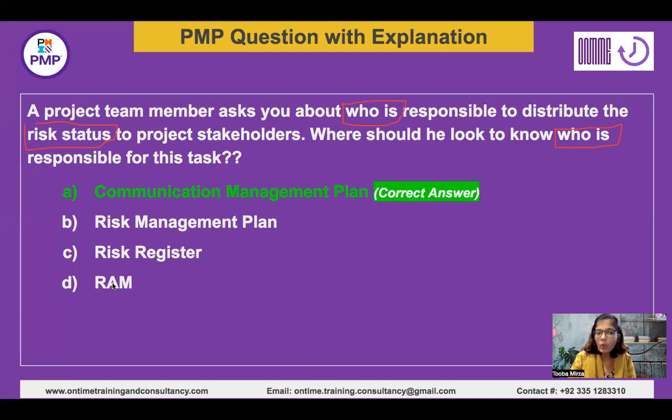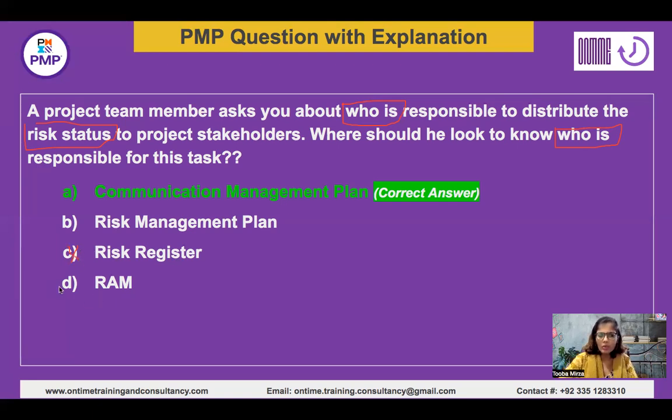However, that risk owner column is particularly about the ownership of that risk: if there is a risk, who is responsible to take the ownership, who is responsible to create the response plan, who is responsible to take care of the implementation of the response plan. However, it's not about the process at all. So risk register was definitely not a choice to this question.